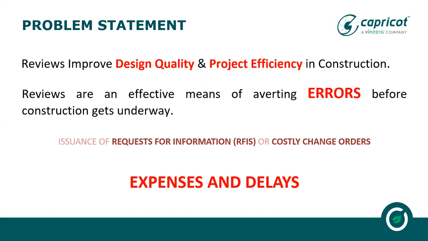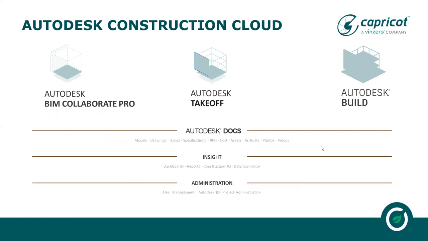So let me introduce you to our product suite, that is the Autodesk Construction Cloud. It's a cloud-based platform which comes with three major products: BIM Collaborate Pro, Takeoff and Build, and Docs, which is the document management part of the platform, which we will look into today.